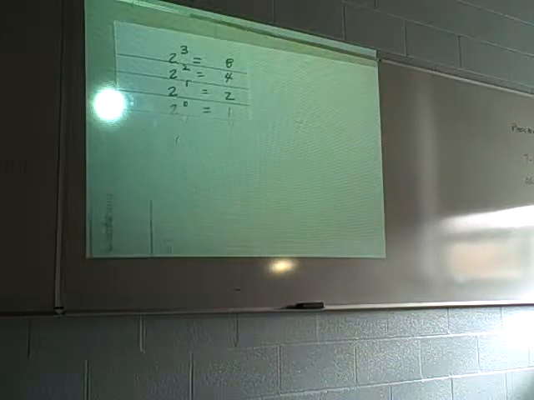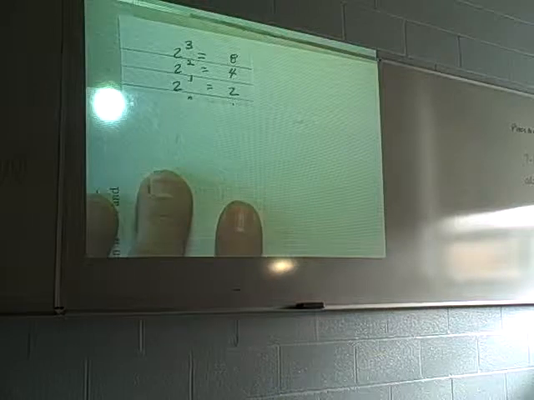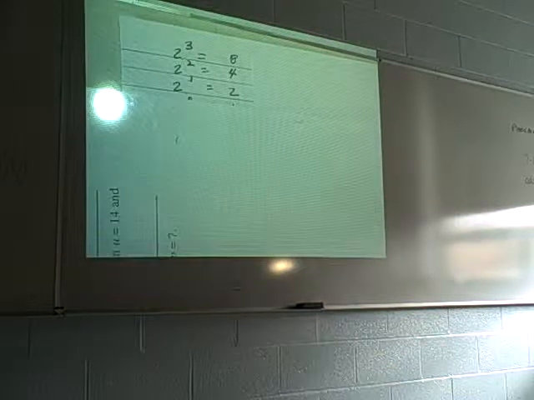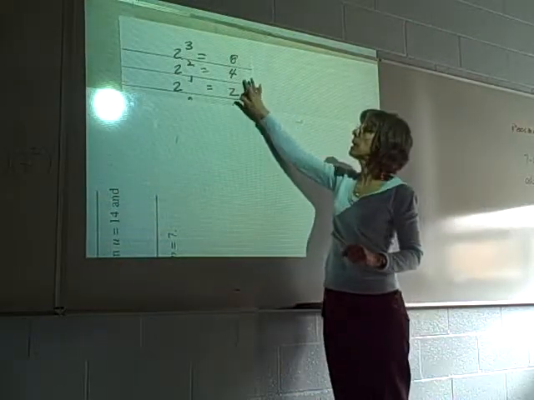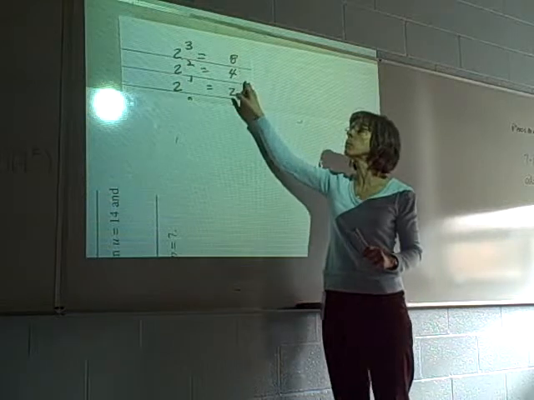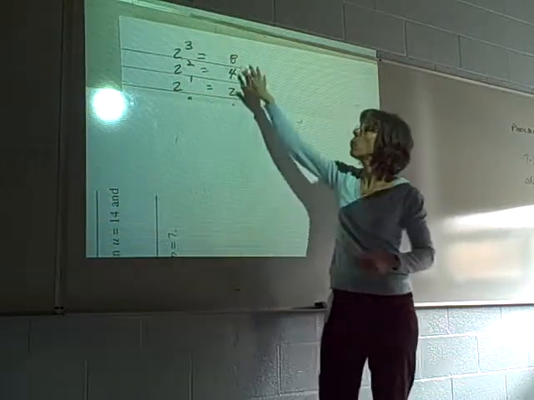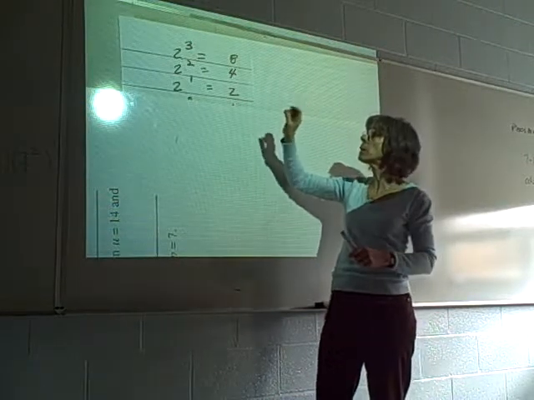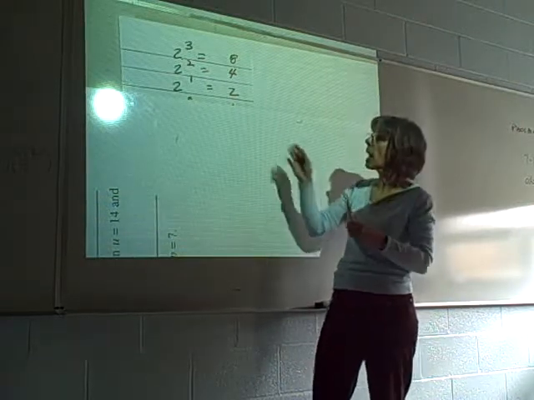Would you agree so far that if I had 2 to the 3rd equals 8, 2 to the 2nd equals 4, 2 to the 1st equals 2, is there a pattern that you see here? Each time I decrease the exponent by 1, what happens to my answer? It's divide by 2, or it's decreasing in half.